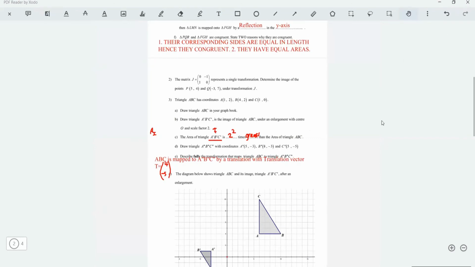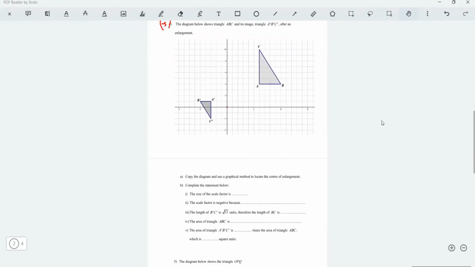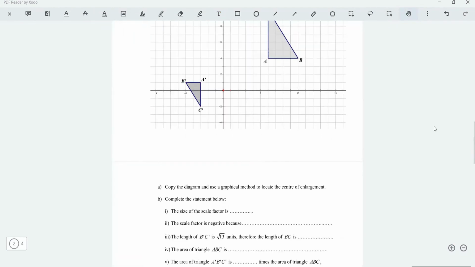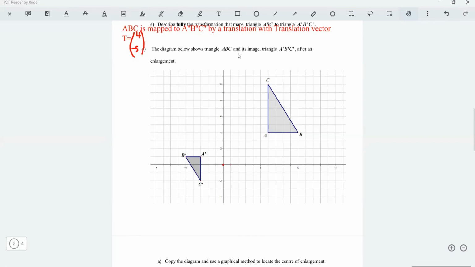That's it. Let's look at this question right here now. This question gives us this diagram right here, and it says, the diagram below shows a triangle ABC and its image triangle A prime, B prime, C prime after an enlargement.